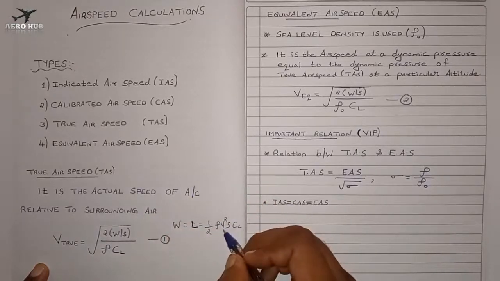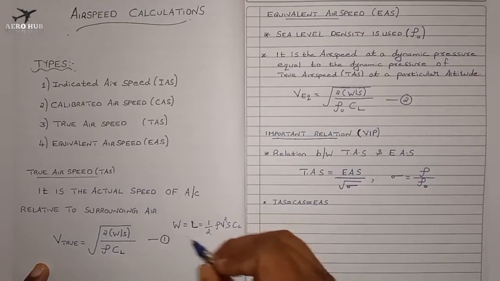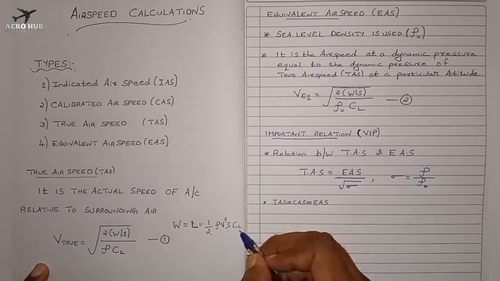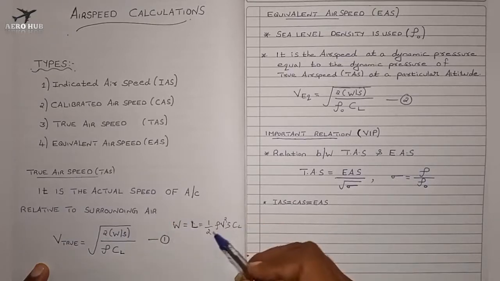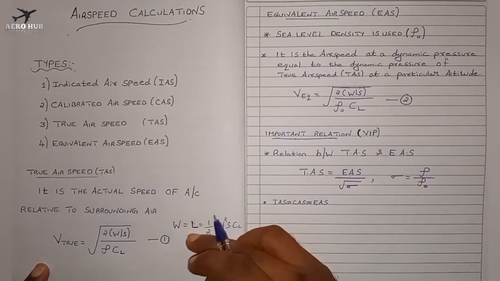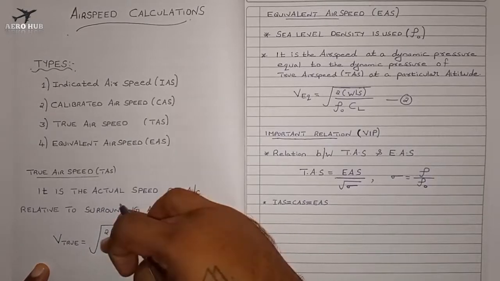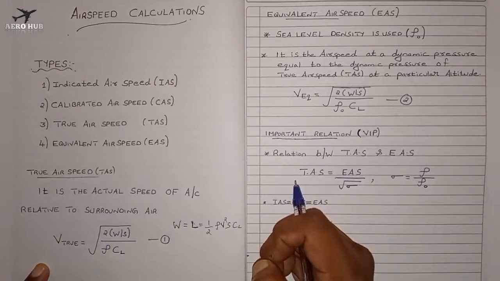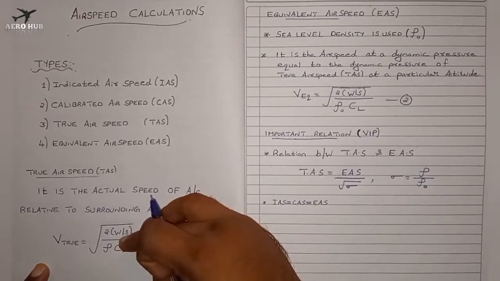So V square will be 2 times W divided by rho S CL, which I can write as 2 times W by S divided by rho CL. From this equation we derive the value of velocity. So this is the equation for true airspeed.